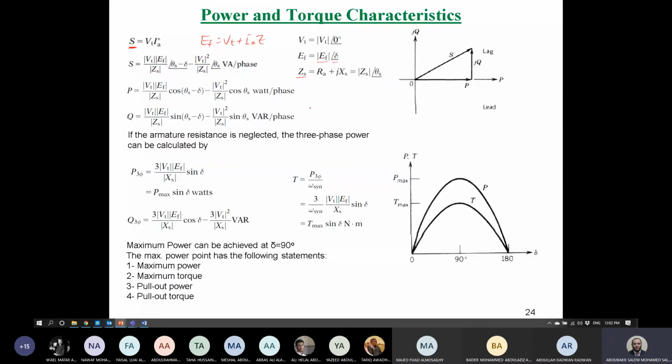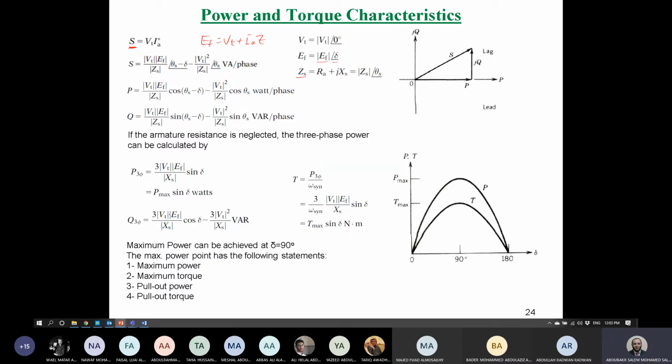We agreed also in large synchronous machines we can neglect the value of armature resistance. So if we neglect the value of RA, the three-phase power is 3 V terminal EF over XS sine delta, and the reactive power is 3 V terminal EF over XS cosine delta minus 3 V terminal squared over XS.